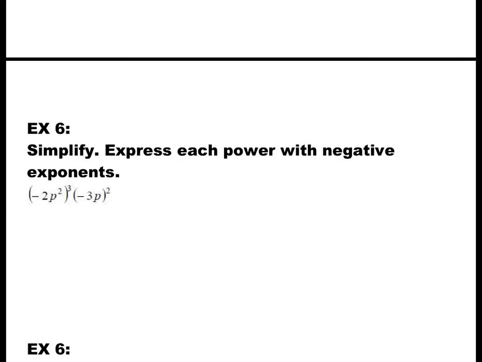Okay, for this example, I have negative 2p squared exponent 3 times negative 3p exponent 2. Again, I'm going to distribute exponent 3 inside the first bracket and exponent 2 inside the second bracket. So this becomes negative 2 exponent 3, I'm taking the sign, times p squared exponent 3, distributing 3 inside the bracket.